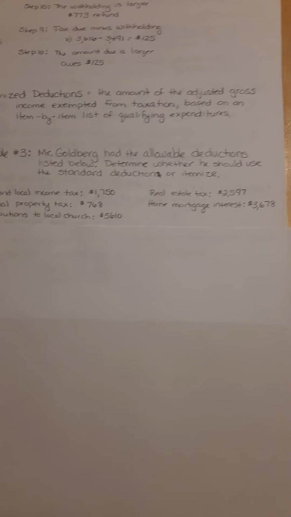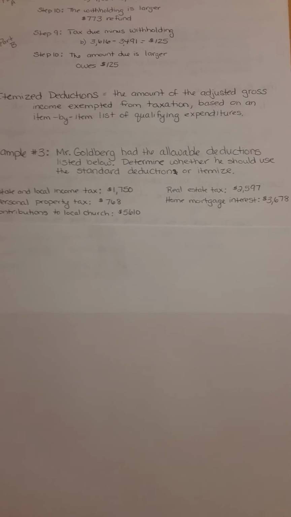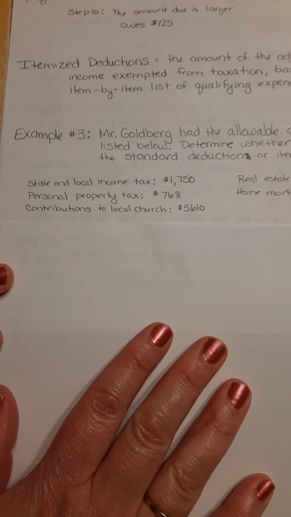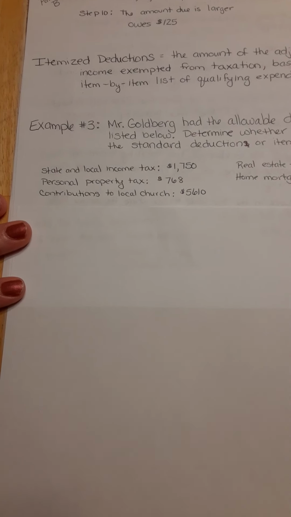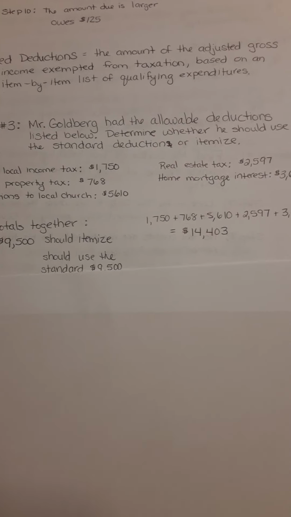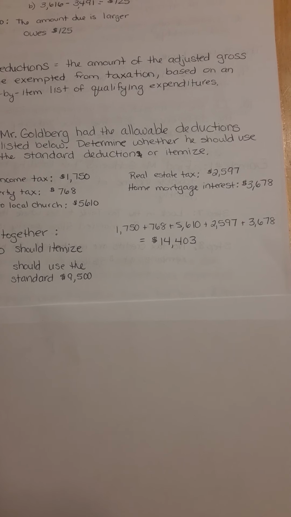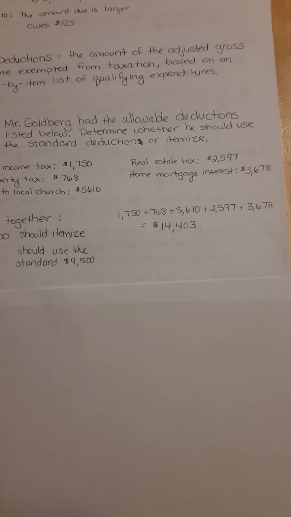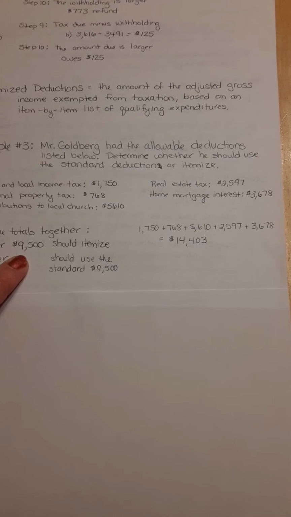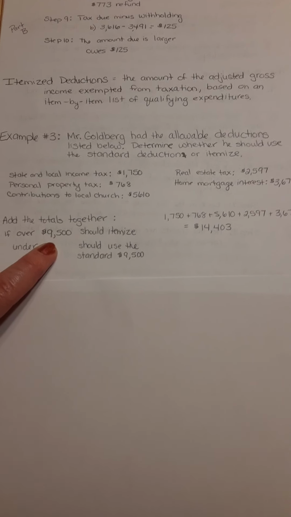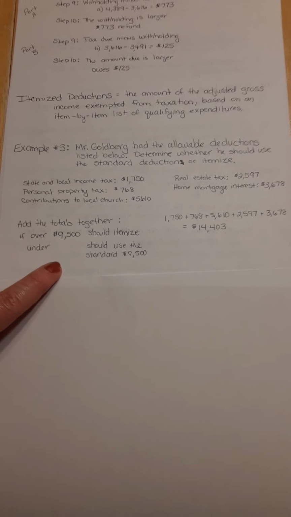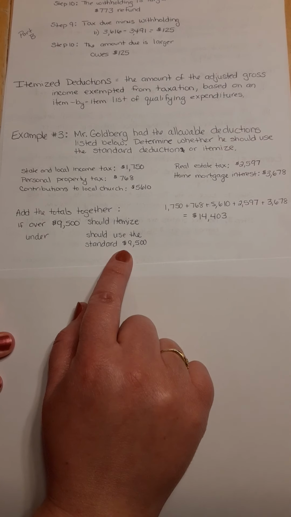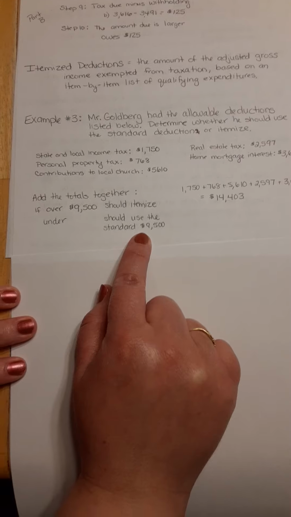And so here is my list of different items throughout the year that he contributed to, that he can claim as deductions. To determine whether he should or not, the very first thing we need to do is add them together. If that total is over $9,500, which is that standard deduction, he should then itemize. If it is under that $9,500, it would be better for us to just claim that $9,500.